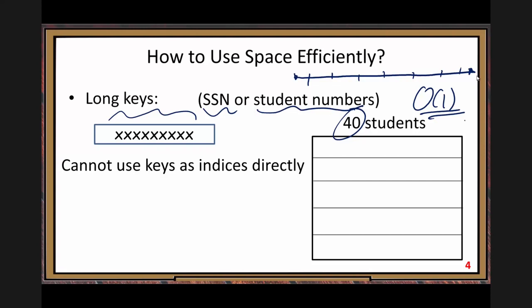We only need an amount of memory that's just enough to hold all your data items. That's the idea. Just enough to hold all your data items.